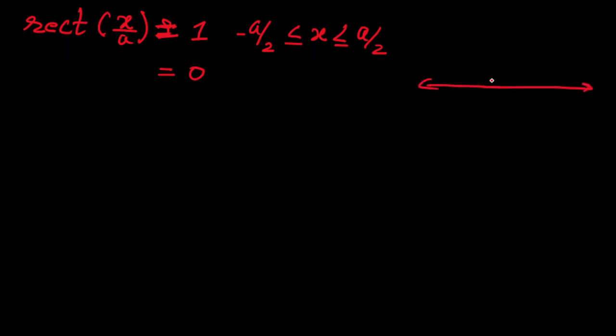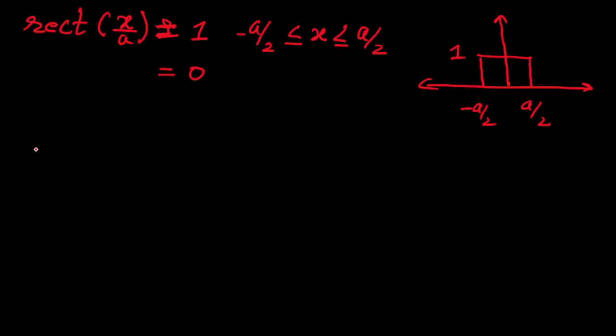So if this is the x-axis and this is the y-axis, then if we draw this rect function, it will look like this: from minus a by 2 to plus a by 2 it will be 1, and in the other part it will be 0. Okay. And then if we take the Fourier transform of this rect function, we'll get another function in the Fourier domain, the frequency domain. So what will be that function? For that we have to take the Fourier transform of this function.